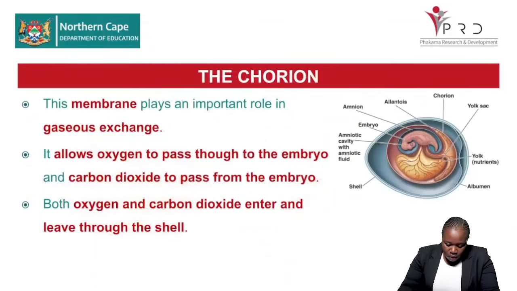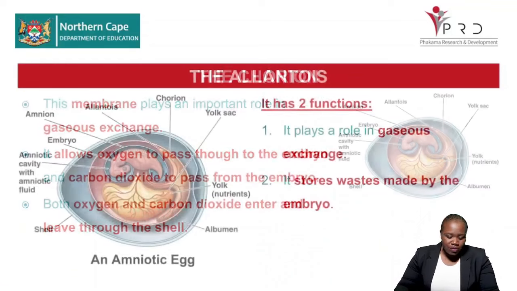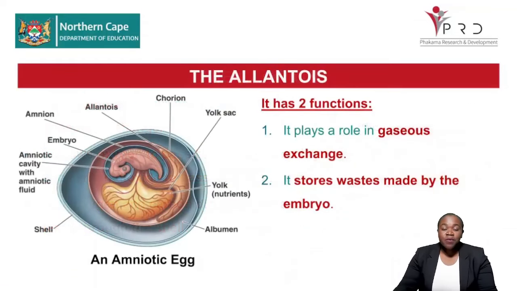Right, and then the chorion, which we see on the outer layer, is important for gaseous exchange. When we're talking about gaseous exchange, we are referring to the inward movement of oxygen and the release of carbon dioxide. So it makes sure that the embryo receives oxygen and the carbon dioxide is released, because we do not need it to accumulate in that space. Right. Next, we have the allantois.